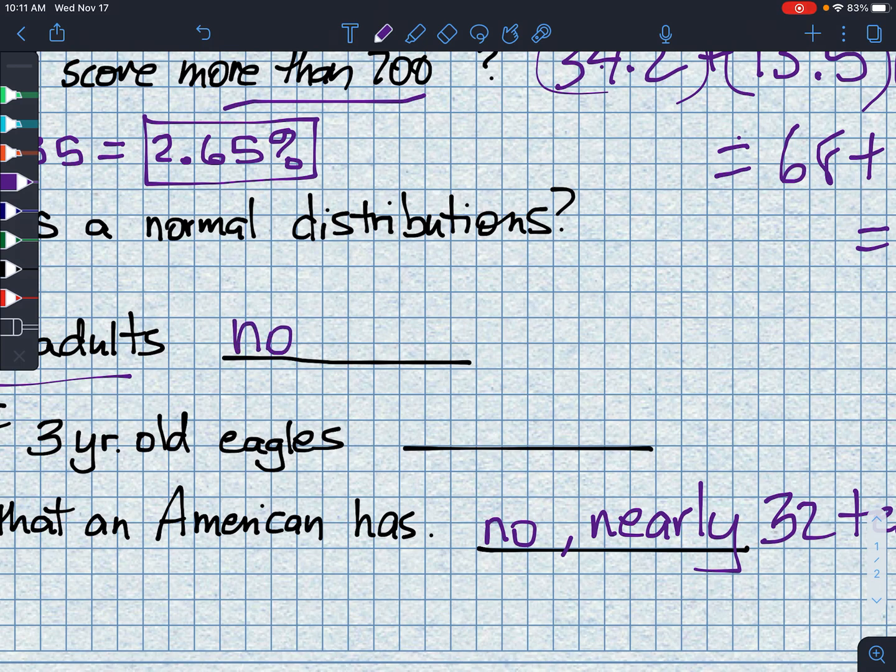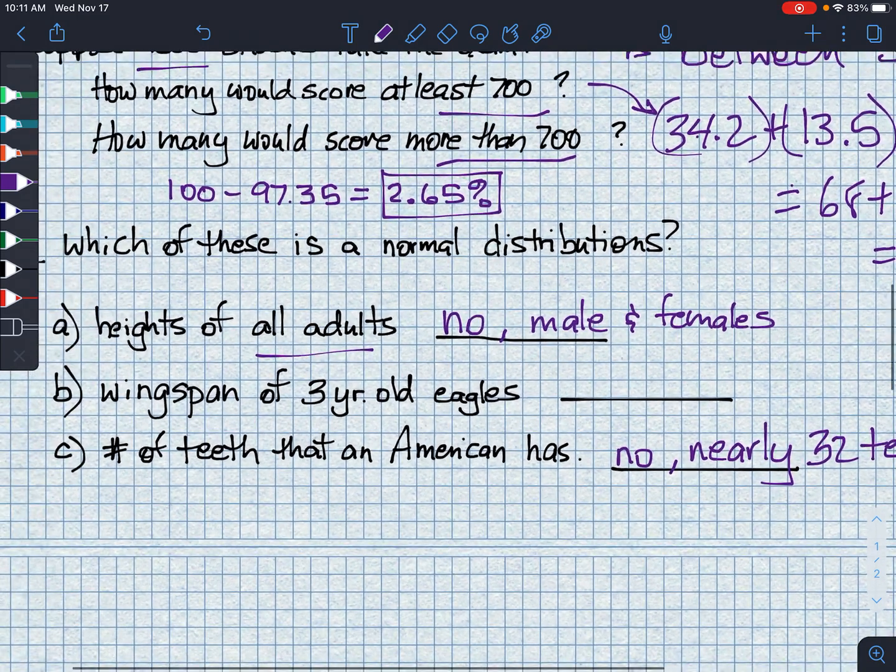So this would be no. Number one, there is male and female differences that you would need to do out. You certainly could look at any one of those, like male Americans, and try to make an assumption there that there would be a normal distribution.